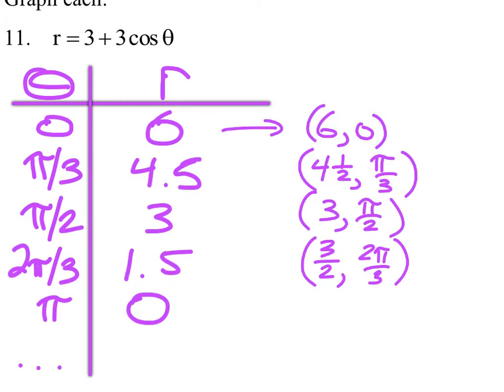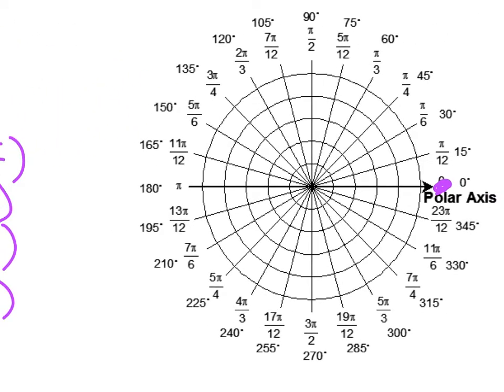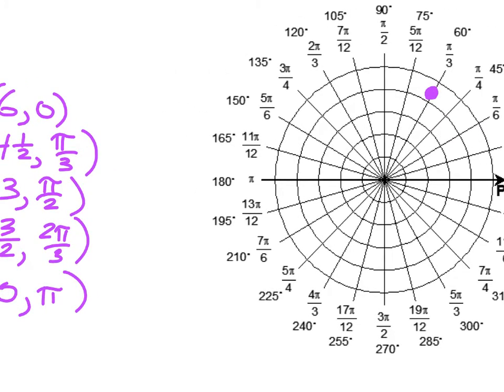It's always r then theta, 0 and pi. So the second one is telling me that I'm taking 4.5 steps towards pi over 3. So towards pi over 3, 1, 2, 3, 4.5. 3 steps towards pi over 2. 1.5 steps towards 2 pi over 3.